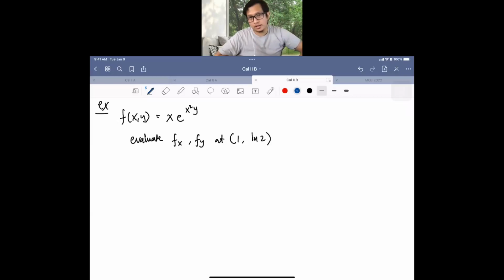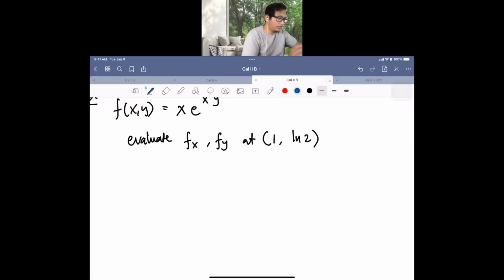But if you are already familiar, it's still okay to check your ability to derive this function.